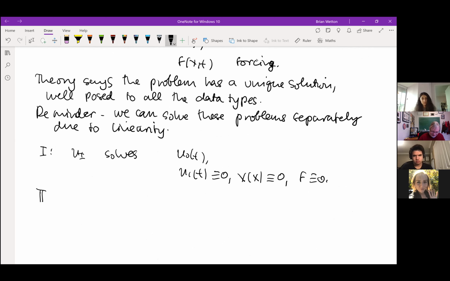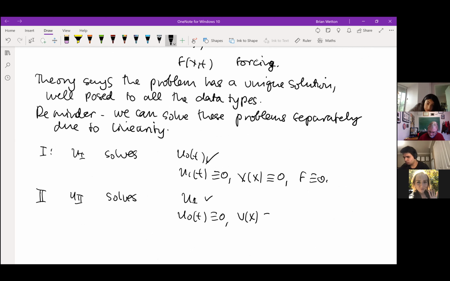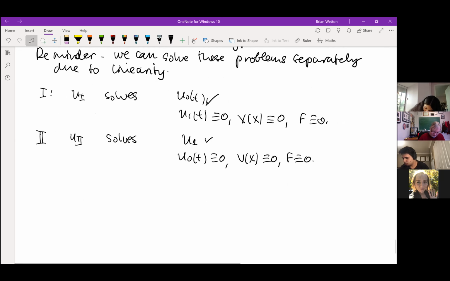I can solve another one with the right boundary conditions, but all the other conditions identically 0. I can solve the initial conditions, but everything else 0.